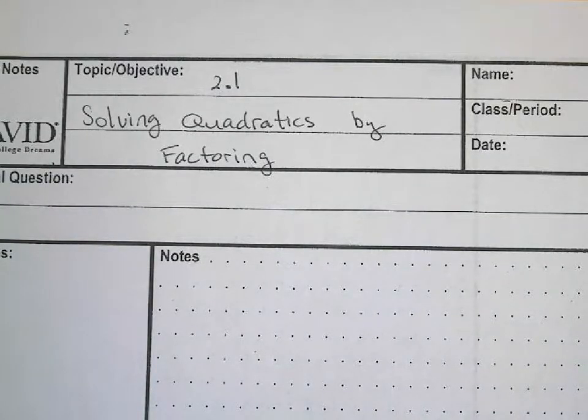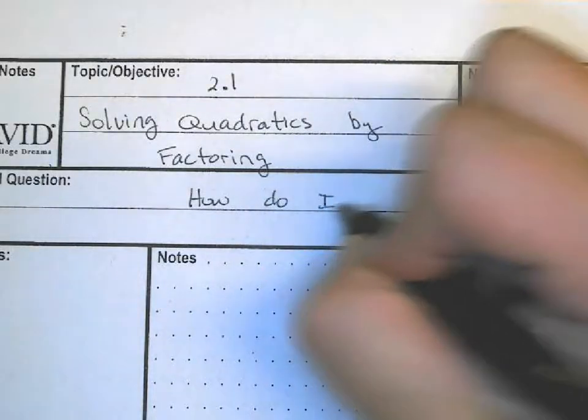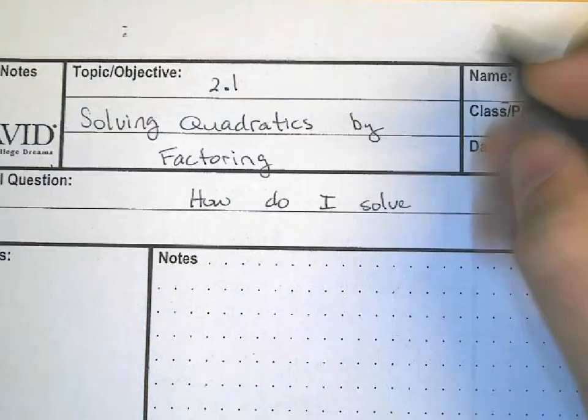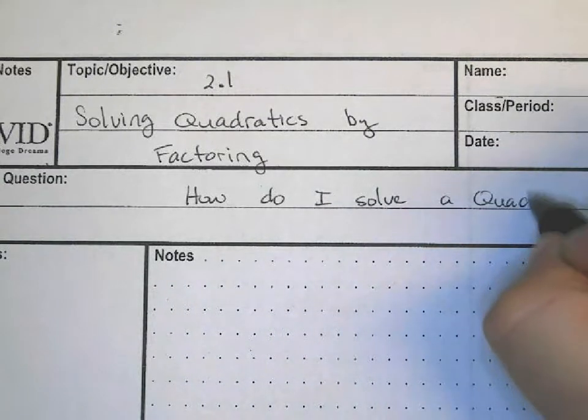So we've done all this factoring leading up to this point, and now it's time to actually solve equations that are made up of quadratics. So my essential question is, how do I solve a quadratic?